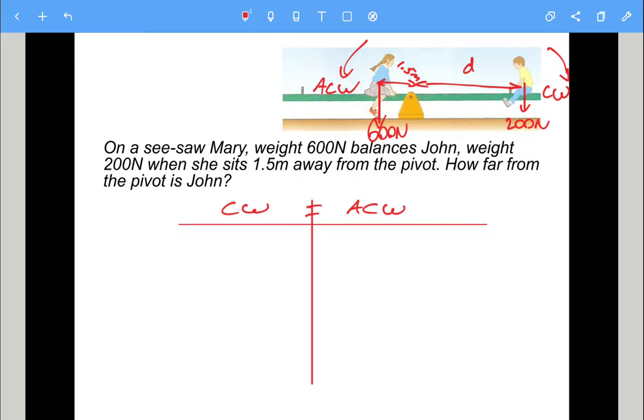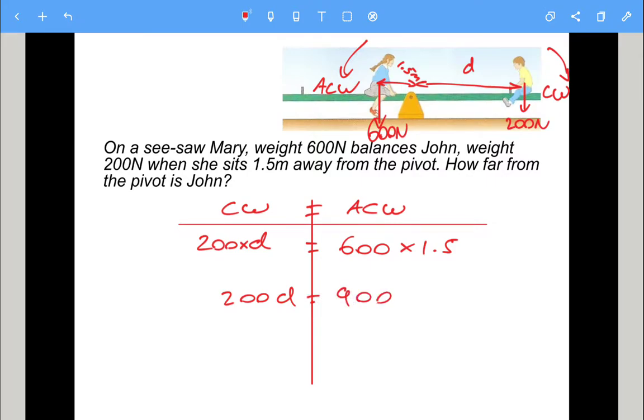So clockwise is going to be 200 newtons times D, so 200 lots of D, is equal to the anti-clockwise, which would be 600 times 1.5. That's all we need to do. So 600 times 1.5 is 900, so it's 200 times D equals 900.